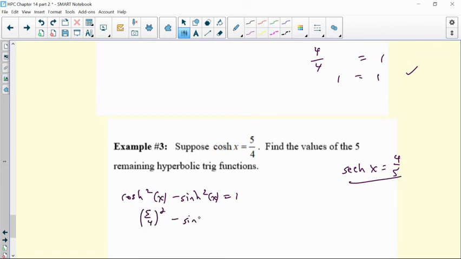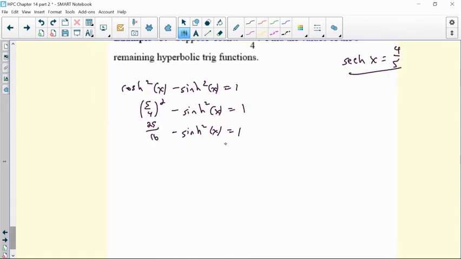So if the hyperbolic cosine value is 5/4, and I square that, and I'm trying to find the hyperbolic sine, which we said we could call sinh. Well, 5/4 squared is 25/16, minus sinh squared is equal to 1. If we want to solve this, subtract the 1 and add the sinh squared.